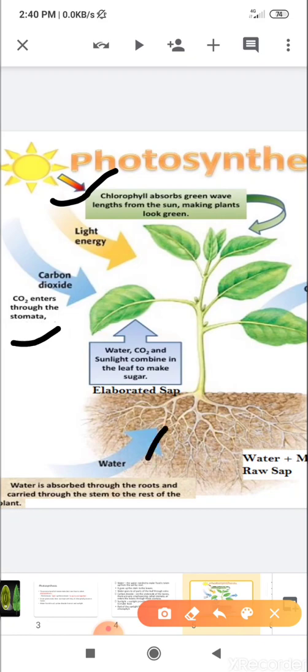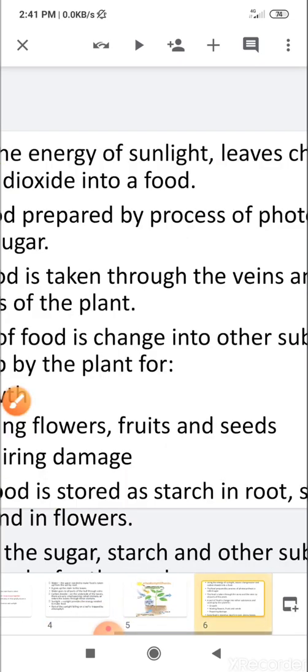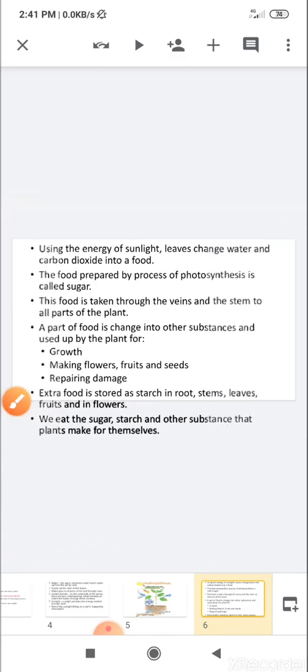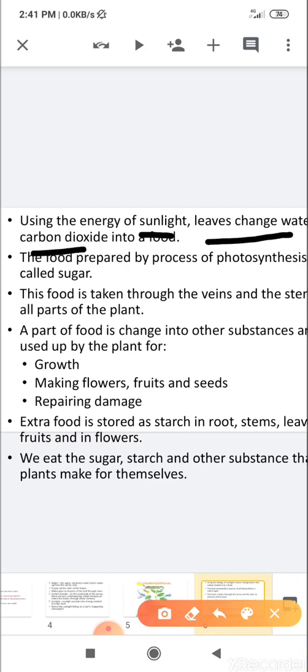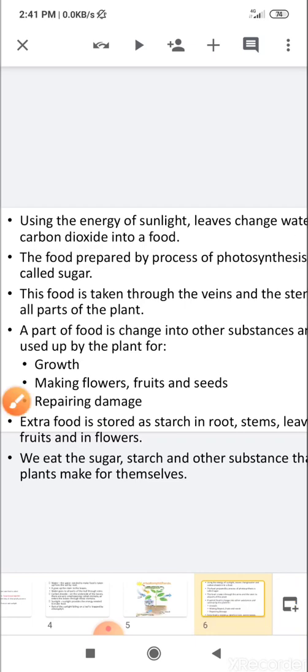The chlorophyll absorbs the green wavelength from the sun, making plants look green. So by using the energy of sunlight, leaves change water and carbon dioxide into food.